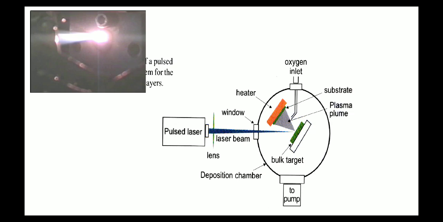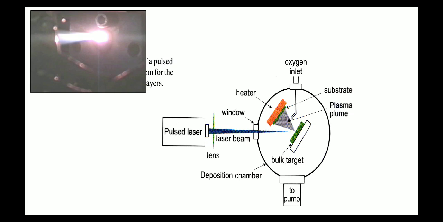Inside the chamber you can see there is a target holder and a substrate holder. If you want, you can increase the temperature of the substrate in order to get a highly crystalline, good quality thin film.